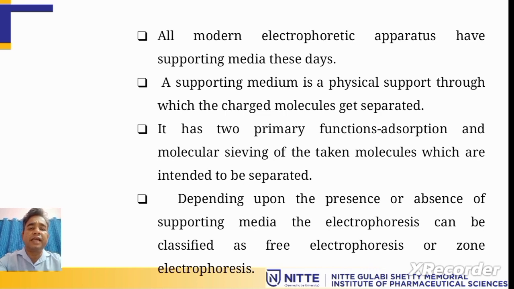Before I go into this, I will give you a glimpse of the factors affecting the separation of charged molecules, which basically depends upon net charge, shape, and size. If we look into lithium, potassium, and sodium, the ionic mobility could be greater for hydrogen, then lithium, then sodium.